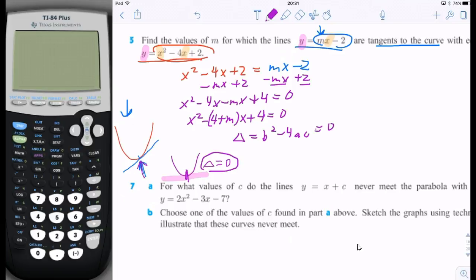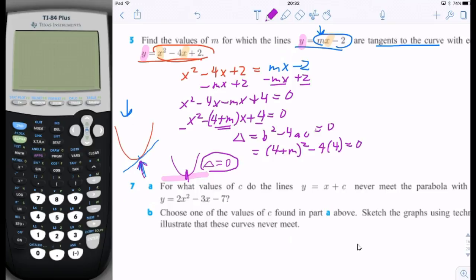And we know the numbers that go into b squared, b, a, and c up to a certain point. Let's see what that means. We're going to put 4 plus m in for b, because the b coefficient is multiplied times x. The a coefficient is 1 because there's nothing there, and the c coefficient is 4.